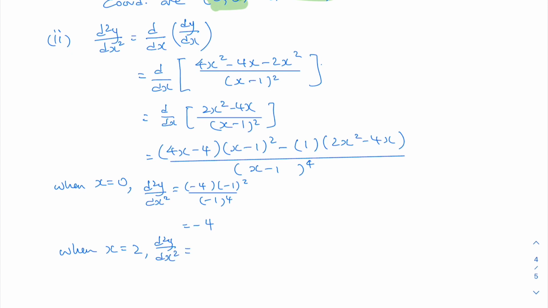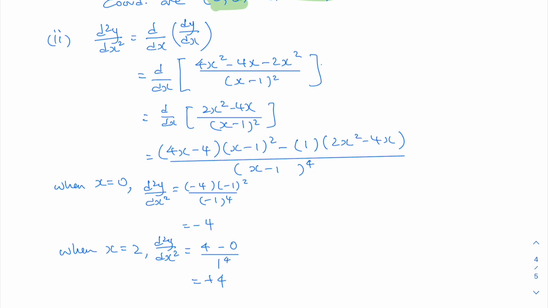And now when x is 2, 8 minus 4 is 4, 2 minus 1 is 2, minus 2 times 2 squared, 4, 8, 8 minus 8 is 0. So everything is still 0, divided by 2 minus 1 is 1. So this is positive 4.